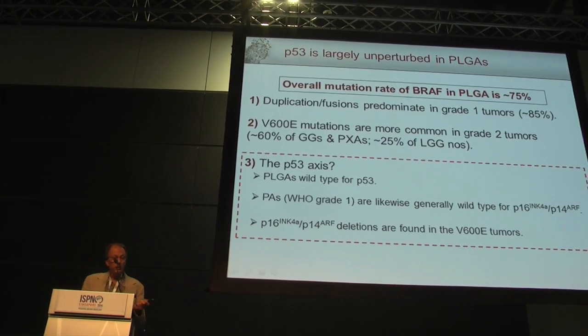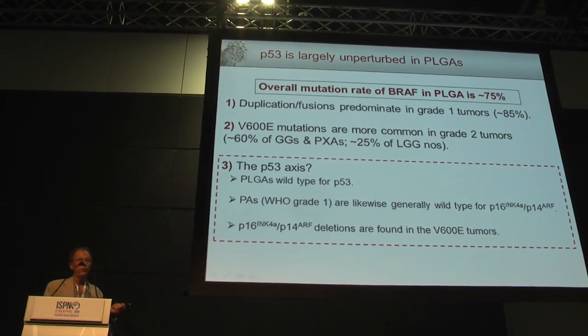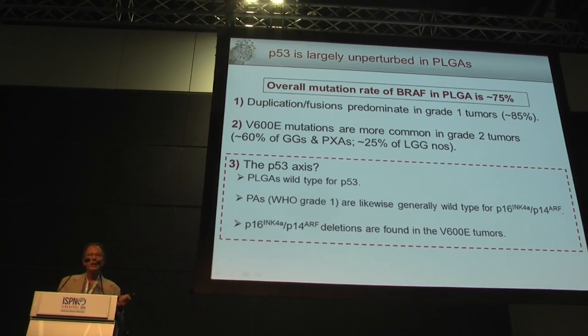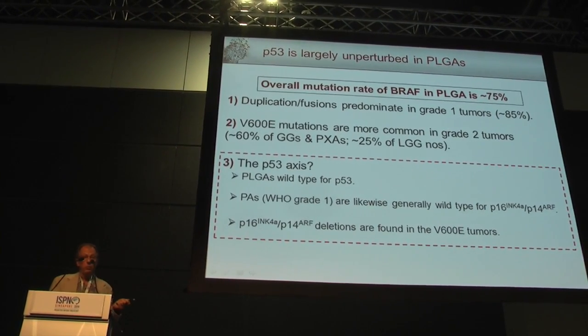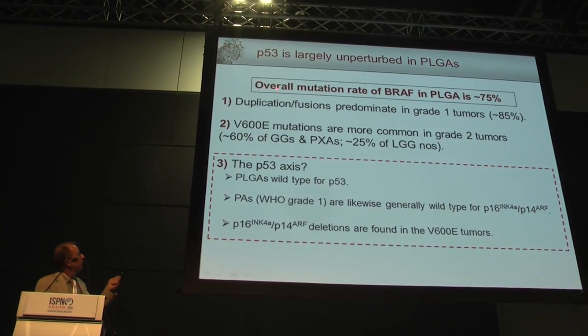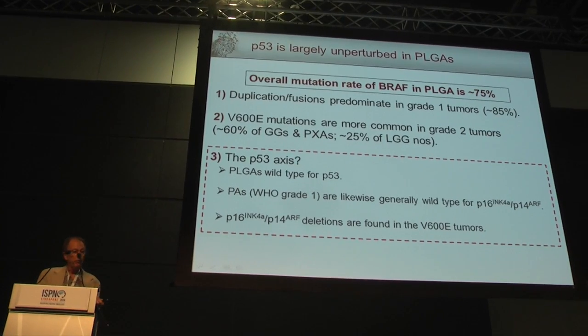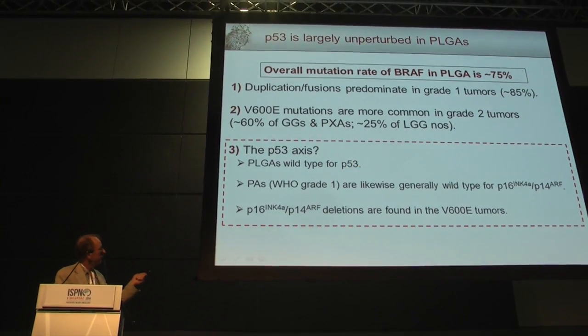The other thing you need to consider in building your model is the state of the tumor suppressor gene p53, the so-called guardian of the genome. Unlike most adult solid tumors where p53 is physically disrupted, p53 is largely intact in pediatric low-grade astrocytomas. They're all wild-type for p53.